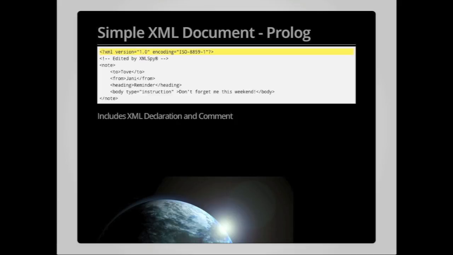So you can see here I've highlighted the XML declaration and this comment that is included in the XML. You can place comments anywhere in an XML file, but it's good practice to often include some comments in the prolog area that talk about the particular characteristics of a particular document.